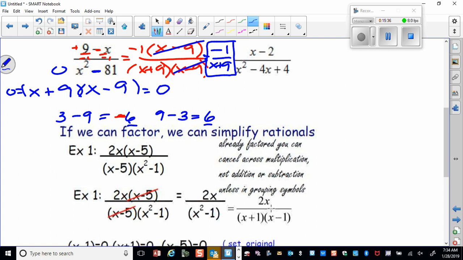For this one, x equals -9 would give me a 0, and here x equals +9 would give me a 0. So these are my two excluded values. What I'm saying is x cannot equal -9 and x cannot equal +9. Okay, these are my two excluded values.